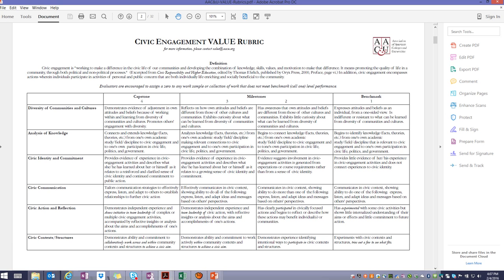At the benchmark, the base level, the student is able to view his or her beliefs from their point of view, and they don't really care that there's diversity out there. They're all focused on themselves. I understand I have my own culture, and I understand that there's others, but I don't care.